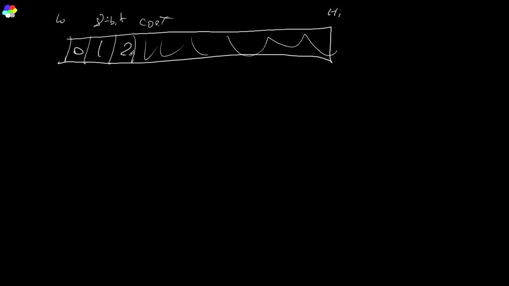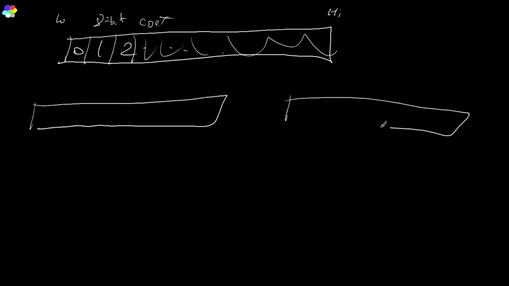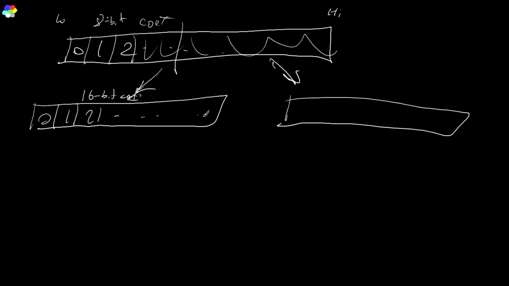Coefficient 0, 1, 2, and so on. We unpack it into 2. So we unpack the first half into here and the second half into here. And now we've got 16-bit coefficients: 0, 1, 2, and so on, and here we've got 8, 9, and so on. These are 16-bit values, so there's only 8 of them. Before, we had 16 of them.